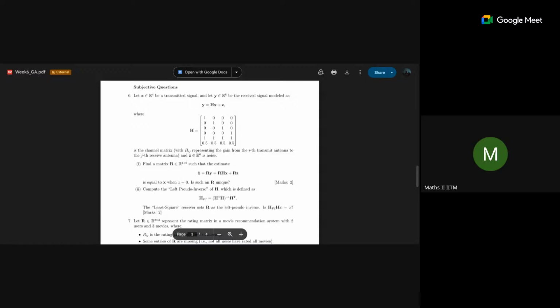In this process you only have to follow this because it's already mentioned. The pseudo inverse is (H transpose H) inverse into H transpose. Any other method?